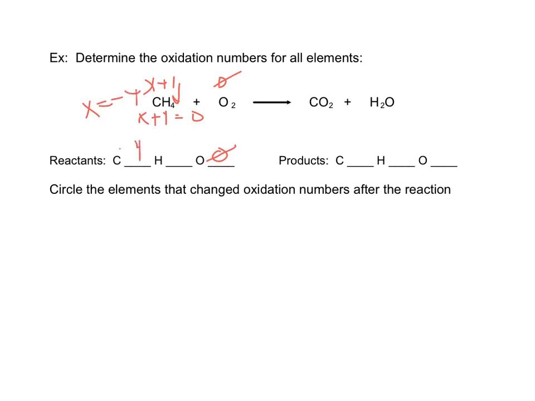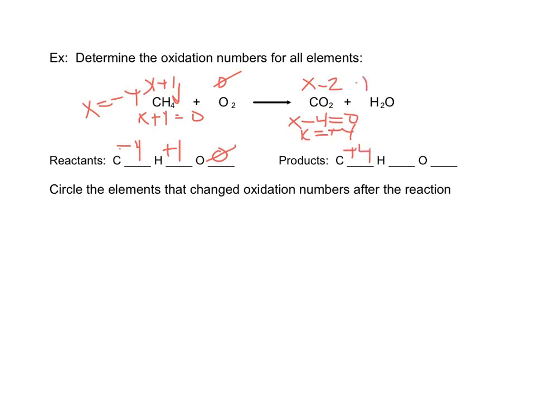So carbon's oxidation number is a -4, and hydrogen is a +1. All right, on the other side, oxygen would be -2, our unknown's carbon, X minus 4 equals 0. So carbon's oxidation state is a +4 on the product side.